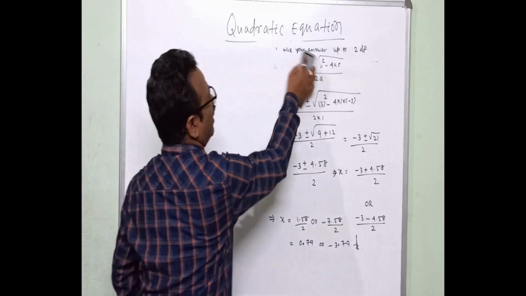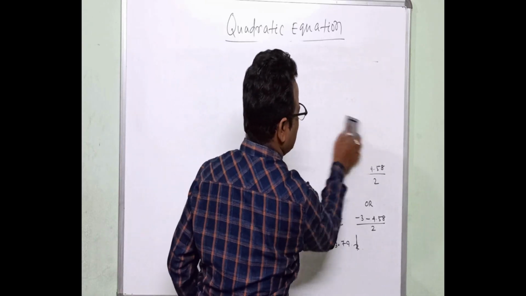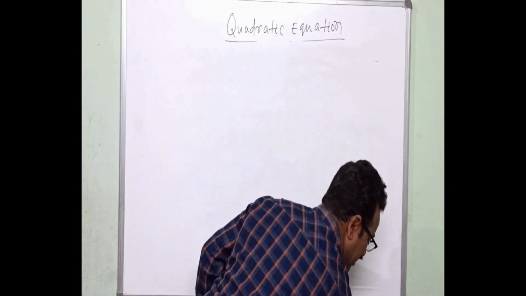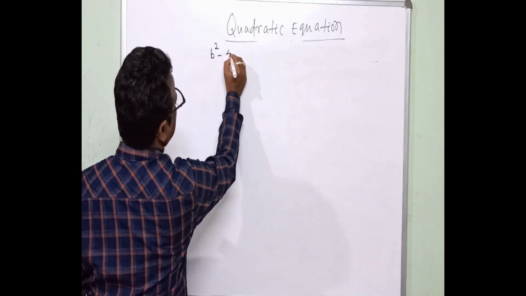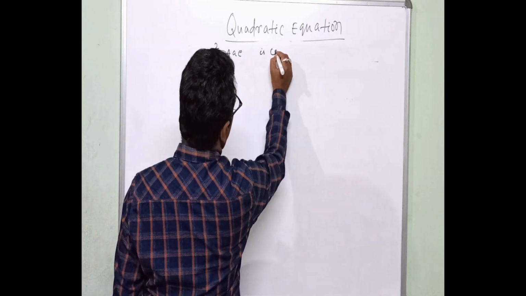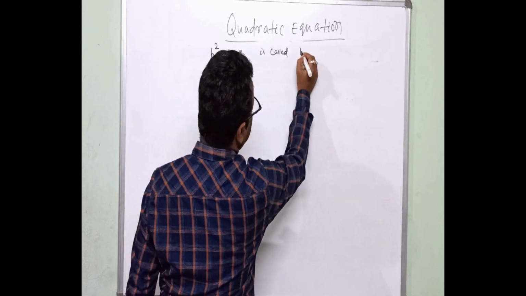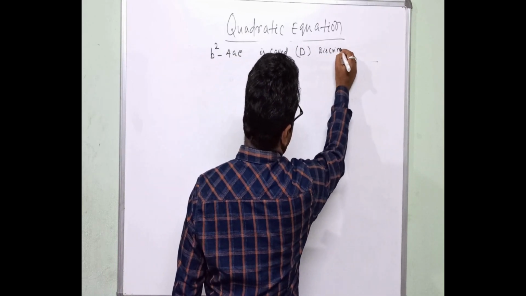So nature of roots, here we know one thing, b square minus 4ac, that is called D. D means discriminant.